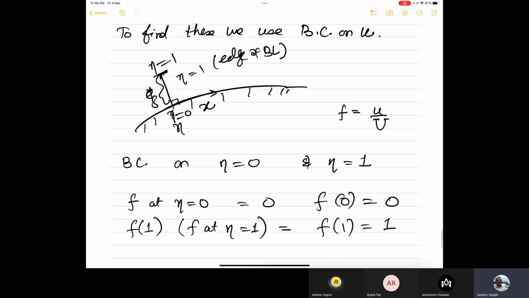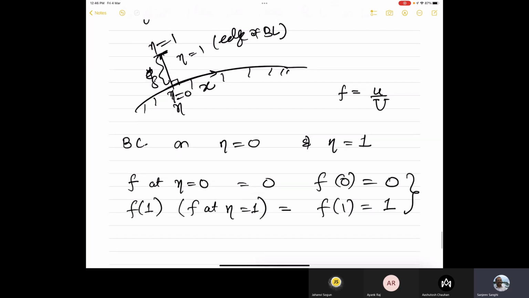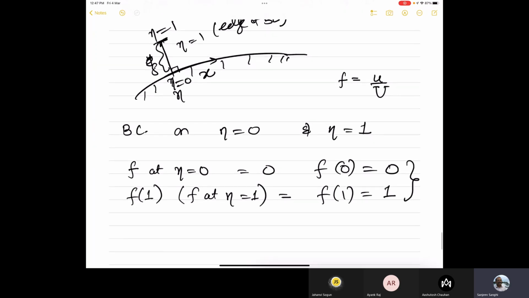Now these two conditions will be satisfied for all boundary layers. At eta equal to 0, velocity is 0. At eta equal to 1, velocity will be capital U, which means f of 1 is equal to 1.